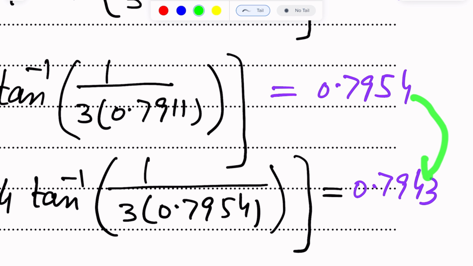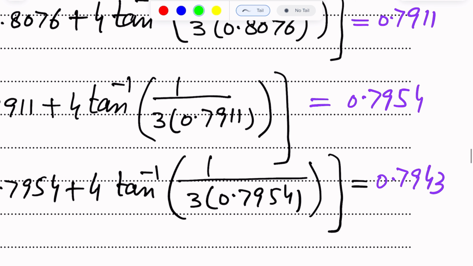From these two iterations we cannot find the approximated root, that is alpha, because it is not converging.